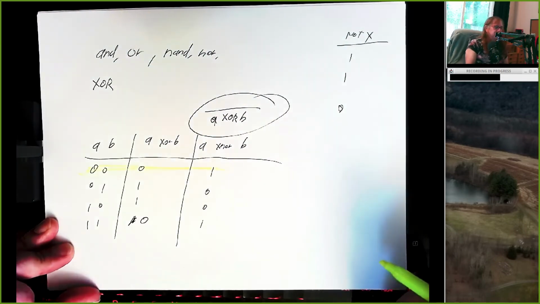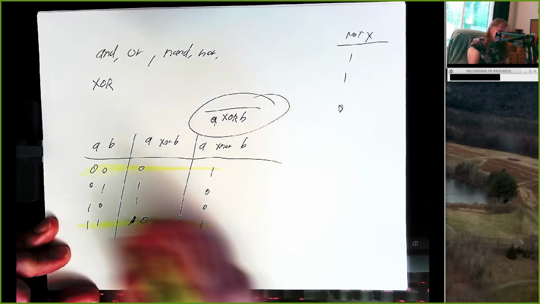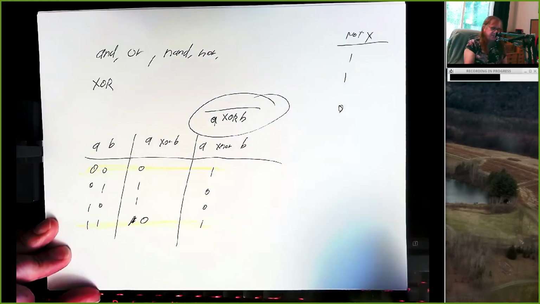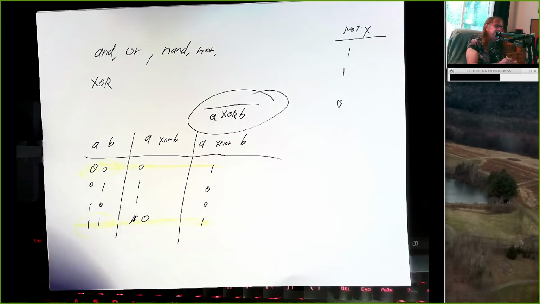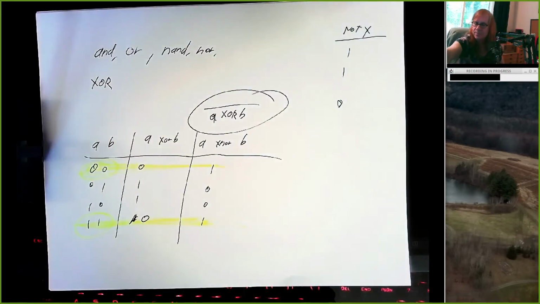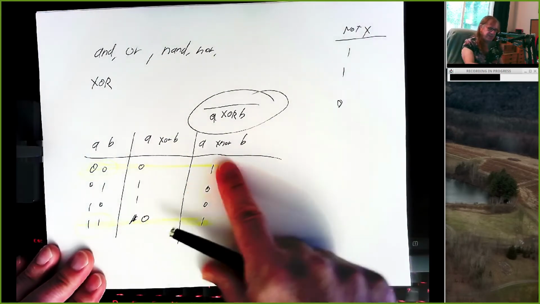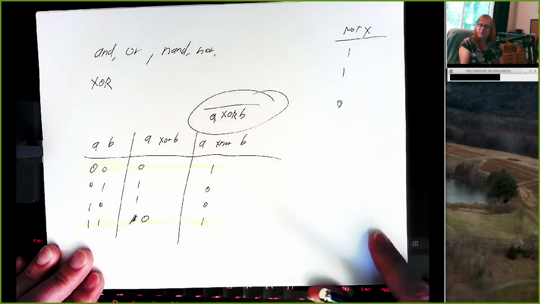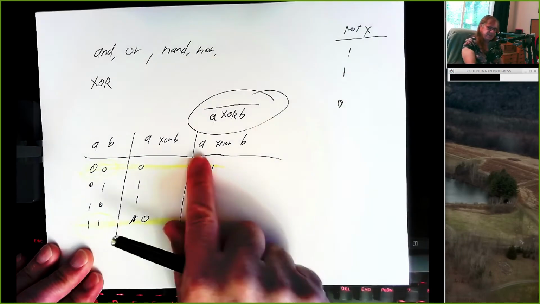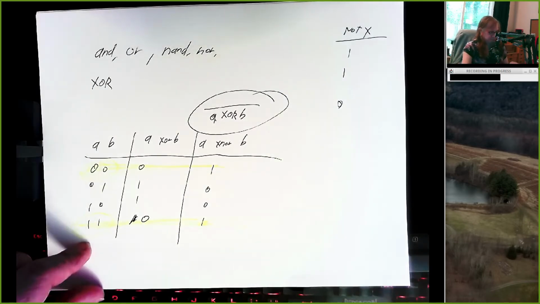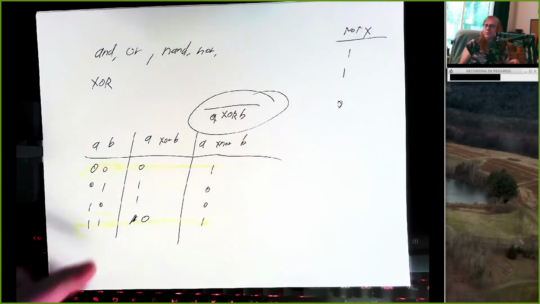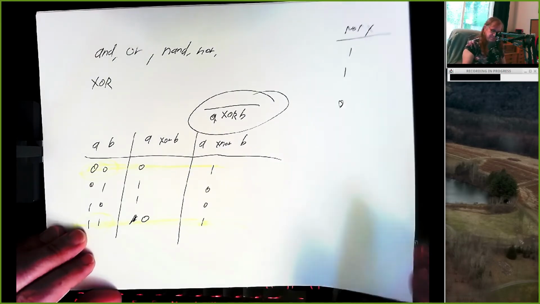Up here the xnor is a 1, down here the xnor is a 1. Those are the only cases where our output is 1, and in both of those, A and B have the same value. And so an xnor is also an equivalence function. It says, do A and B have the same logic value? They're either both false or they're both true. So it's like an equivalence operation.